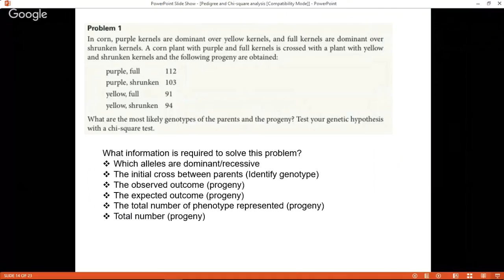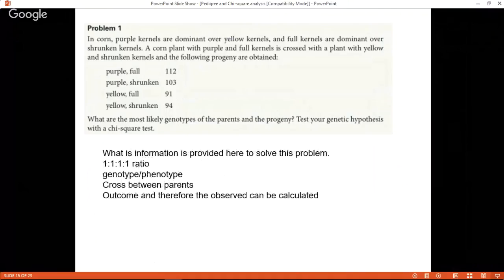We need to know the observed outcome of the progeny, and they gave us 112, 103, 91, 94. We also need the expected outcome of the progeny, which we can calculate, and I'll show you later on the slides how we can calculate it with the information that was already given to us. We need the total number of phenotypes represented by the progeny, and then the total number of progeny. They give us all that information already in the question. Okay.